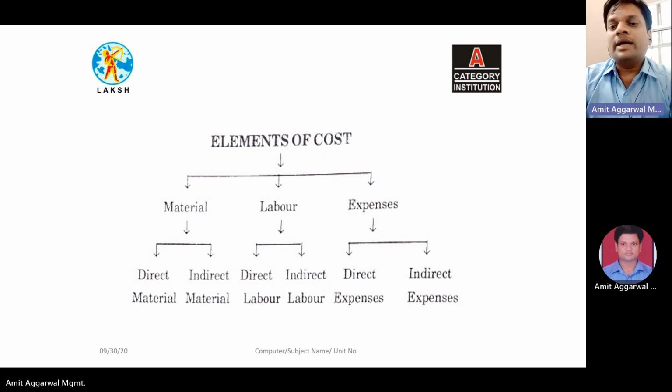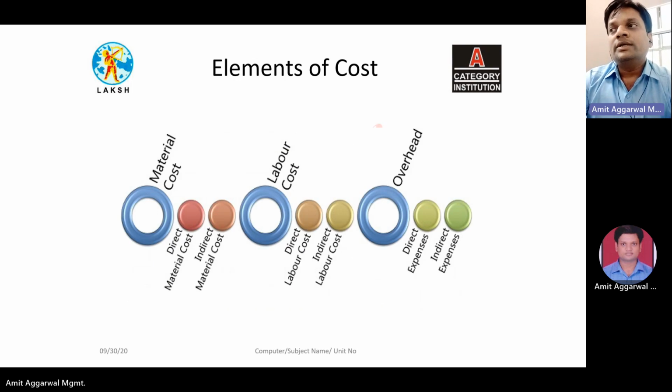Direct cost is that cost which is directly associated with a particular product. And indirect cost is that cost which is not directly associated, but without it the final production is not possible.